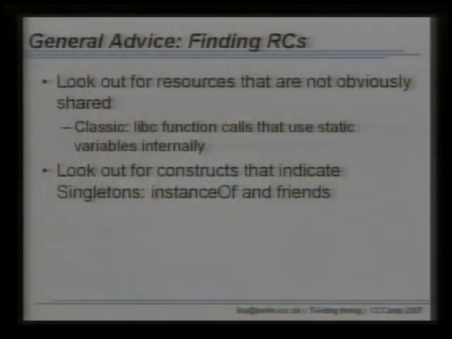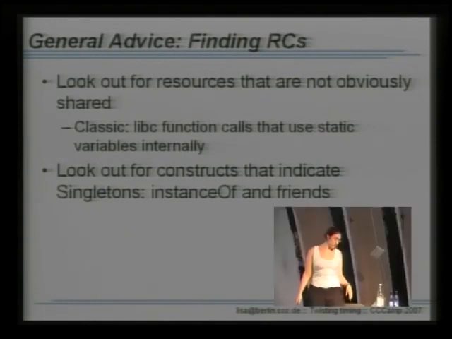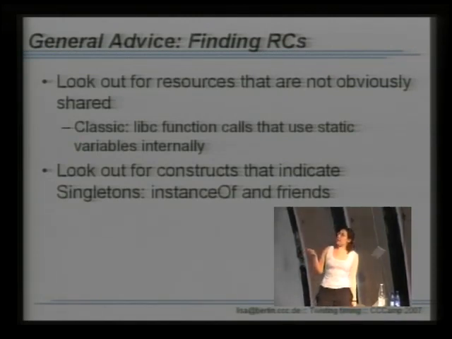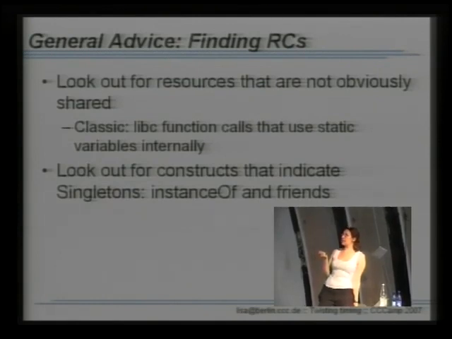Okay, let's come to some really high-level general advice on finding race conditions. Look out for resources that are not obviously shared. So the programmer may not be aware that they need to lock. If they think about the design of their multi-threaded program and say, okay, I need this global variable to be shared among the threads, it's likely that they're thinking about synchronization. But there's quite a lot of libc function calls still that use static variables internally, like syslog, like the famous string search functions.